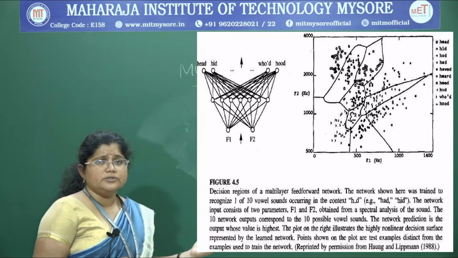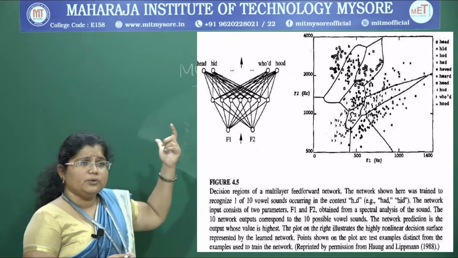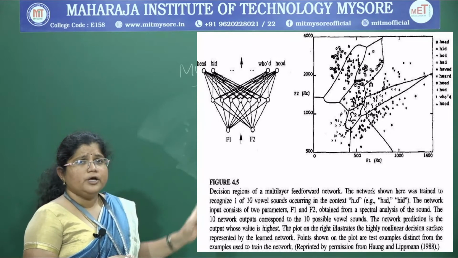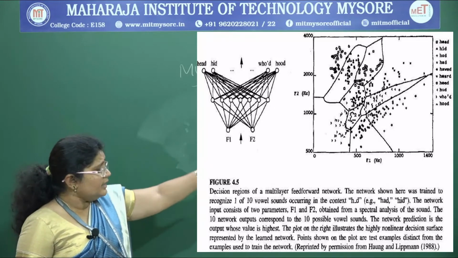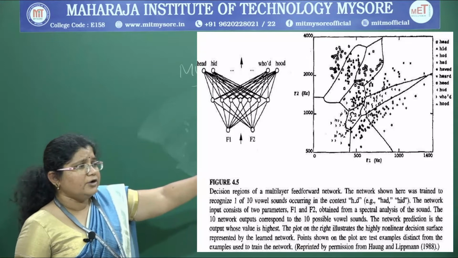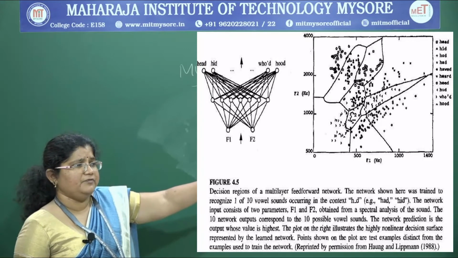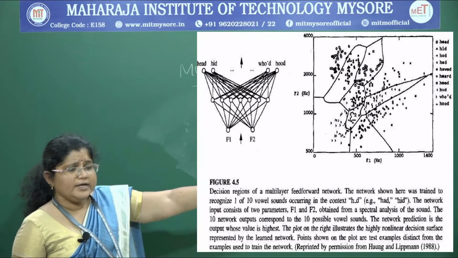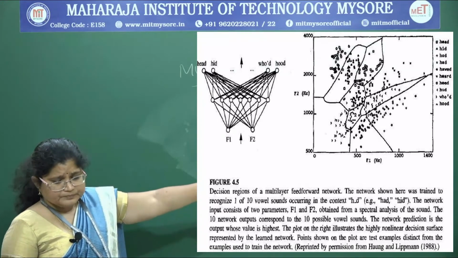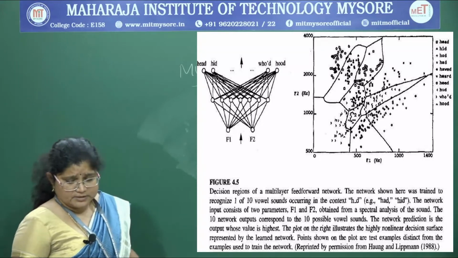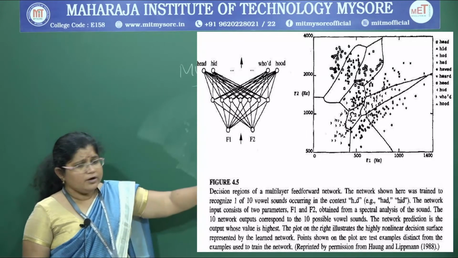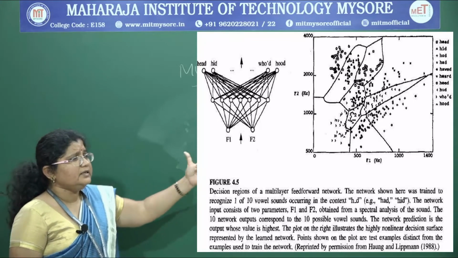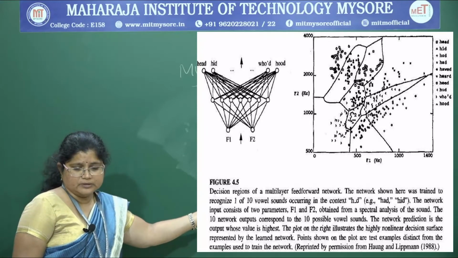Based on these two values, it tries to predict the particular vowel among the 10 vowels and draw that in a non-linear decision surface. The right side of the diagram represents the non-linear decision surface learned by this network.